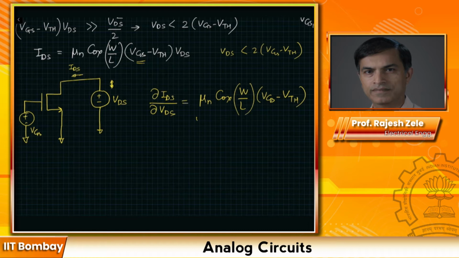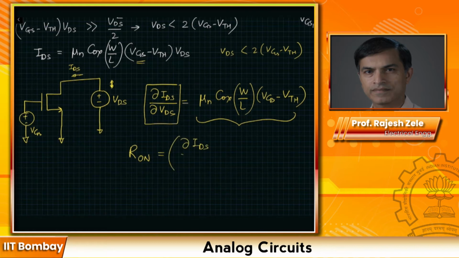And here you can see everything else is a constant because we are setting VGS to a certain value. If we take the inverse of that, it will look like the resistance of the device. Ron equals the inverse of del IDS by del VDS.